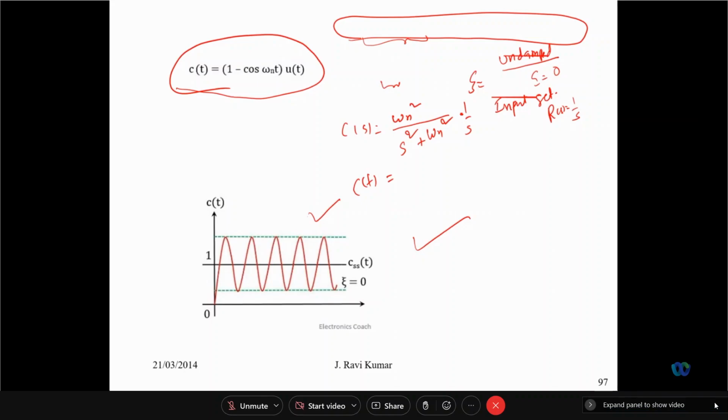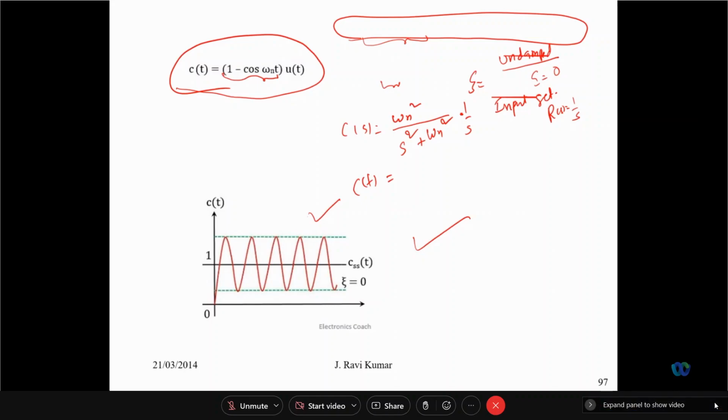Sir, why is it not touching 0 again? Only once it is touching 0, at the origin in the graph, sir. What type of waveform is it having here? Sine or cosine or what? Sine. Then, sir, when cos becomes 1, then the equation C of t will be 0 again.